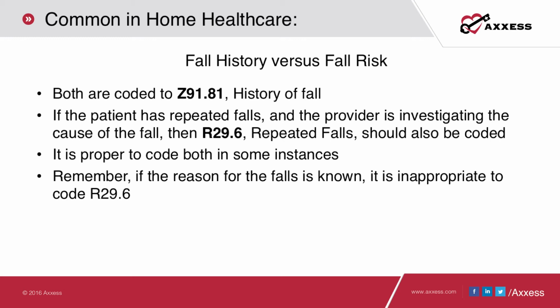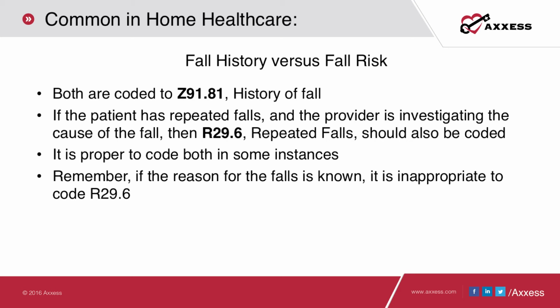Although I will say this is something on this last point that I will probably write the Coding Clinic and clarify a little bit, because I noticed when reviewing the second quarter AHA Coding Clinic definitions, they actually used an R29.6 code for a patient who had Parkinson's disease.